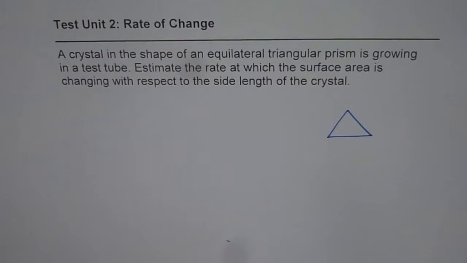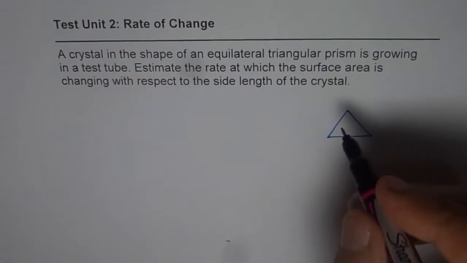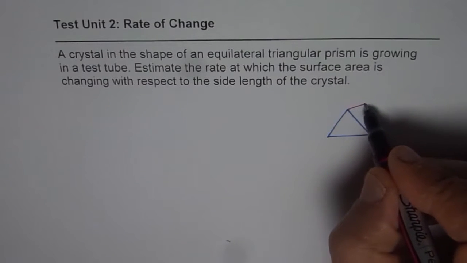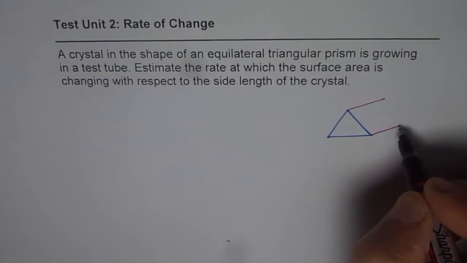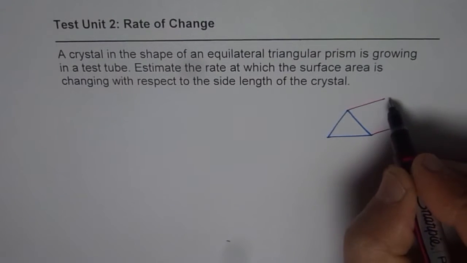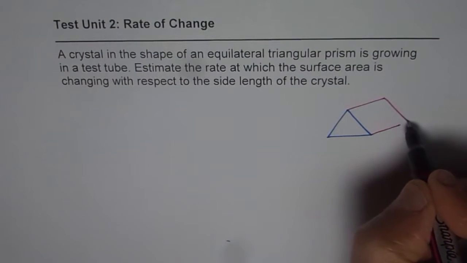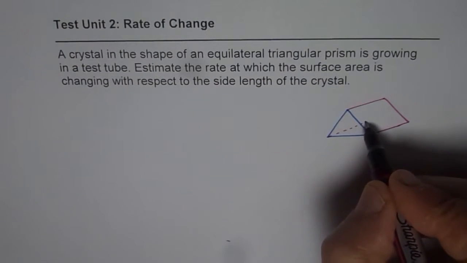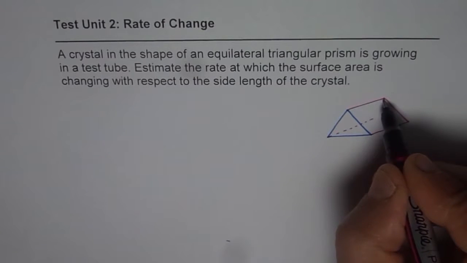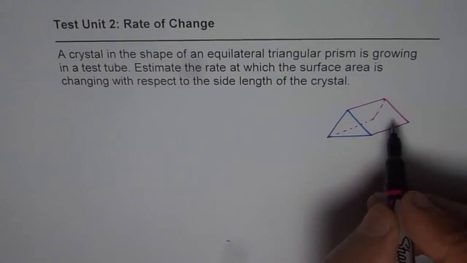Let me use a different ink so that later I can actually draw and show you the surface area also. So we'll make this a triangular prism here, so we'll have another triangle here. This is the back side of this, so let us say that is the triangular prism for us.